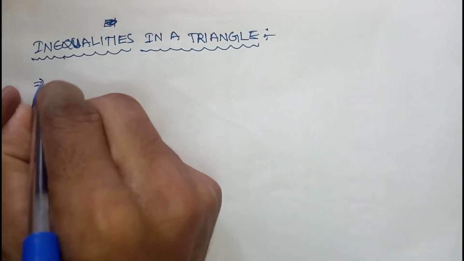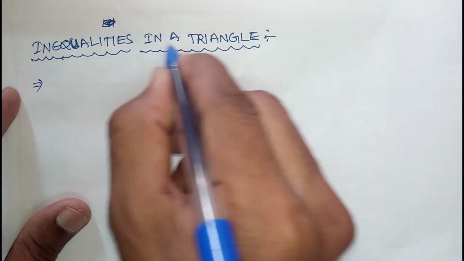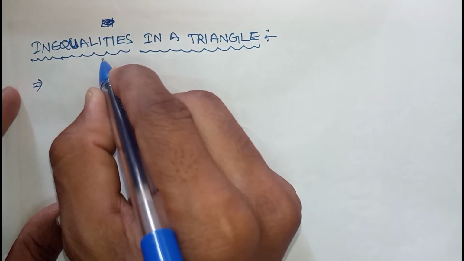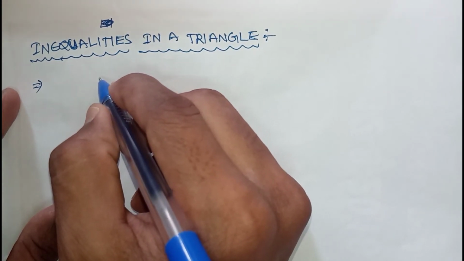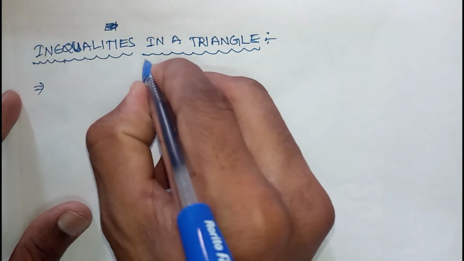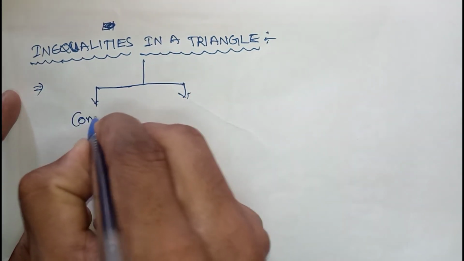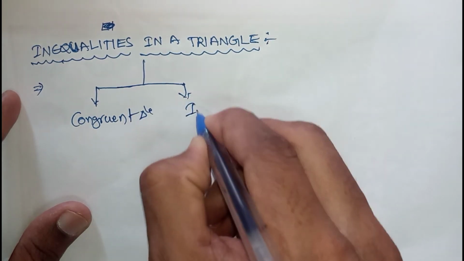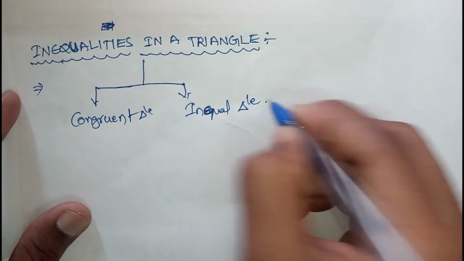Till now we discussed equal triangles, that is congruent triangles. Now, inequalities in a triangle, which means we can't find two triangles equal in size and shape. Now we will get triangles with different size and shape. In this chapter, triangles are of two types: congruent triangles and unequal triangles.